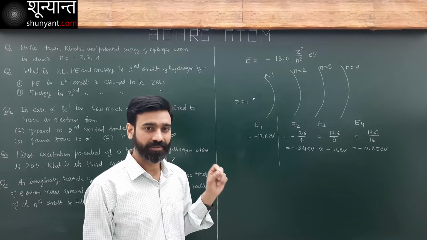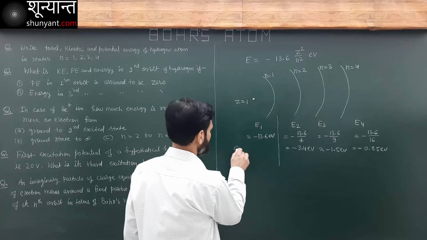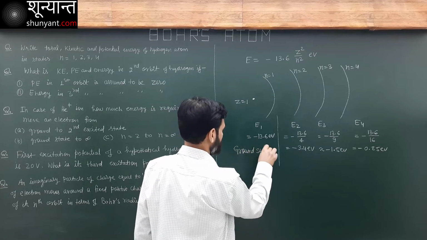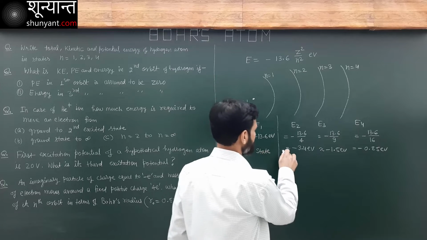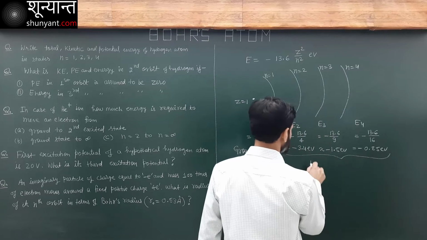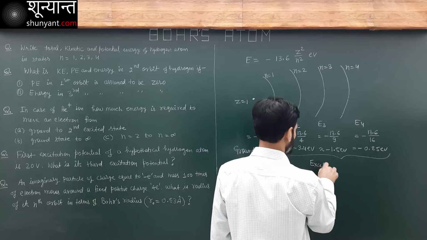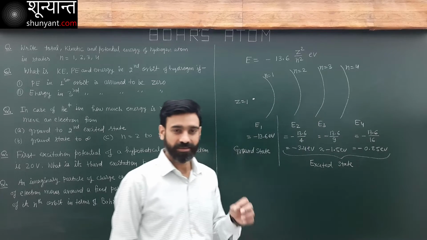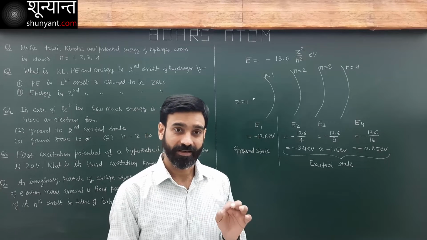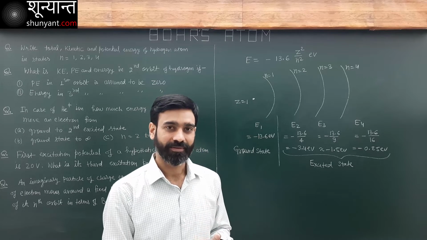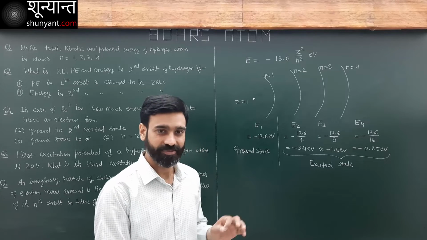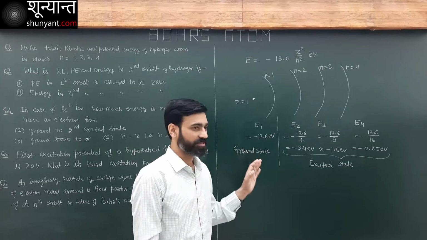This is known as the ground state. And all others are known as excited states. The state in which the atom has its minimum energy is known as the ground state.